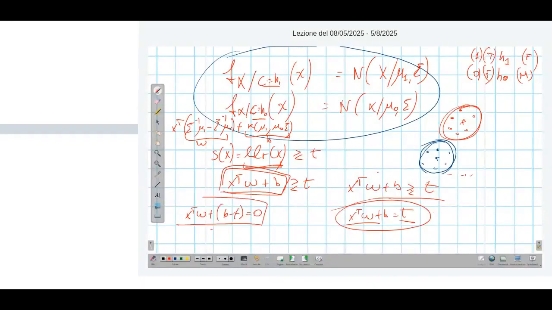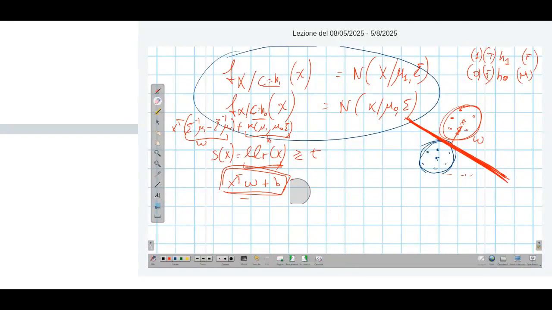It's a plane that is orthogonal to w. We saw it when we discussed the Gaussian models. If you don't remember this, then you should start studying this stuff, because it is something that you should know for the exam. There will be questions on this at the exam.